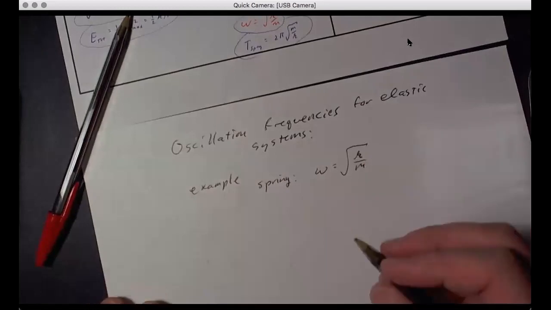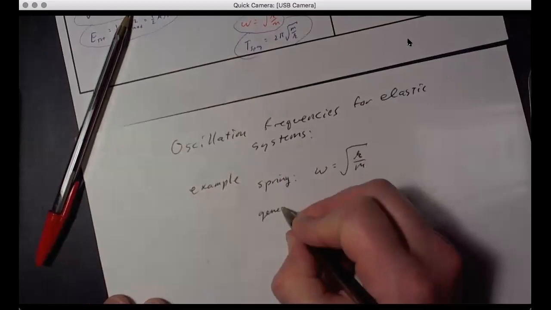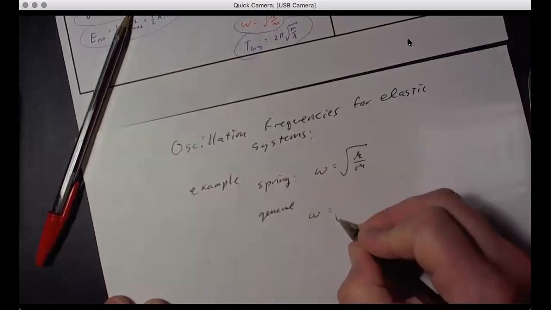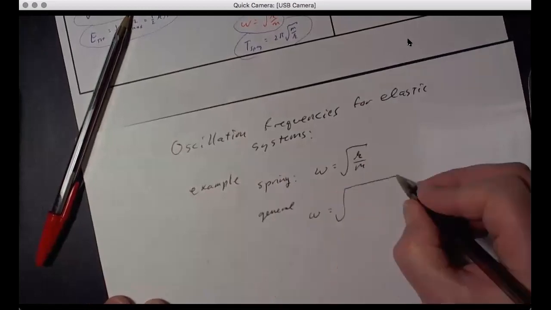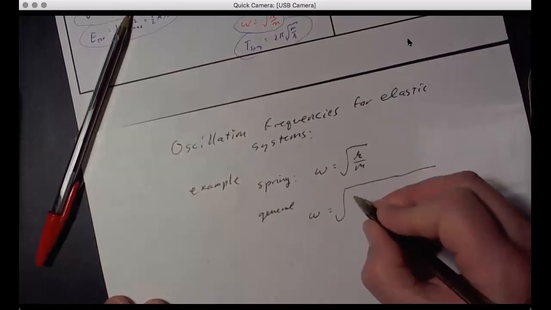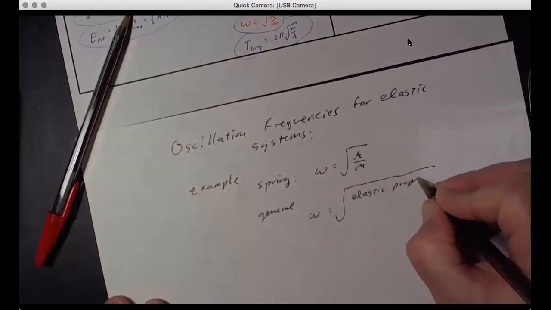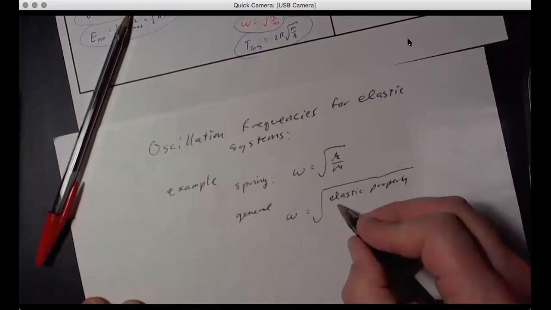And the way to think about this is general. Omega is going to be equal to the spring constant, or the something elastic property, over inertia.